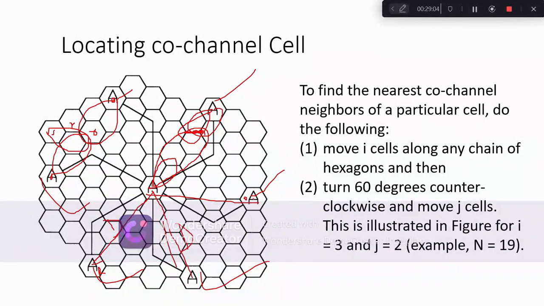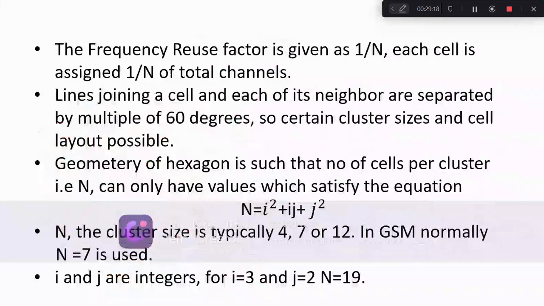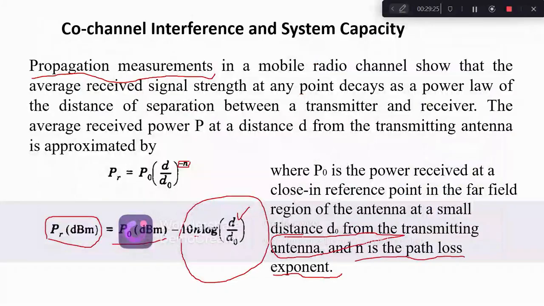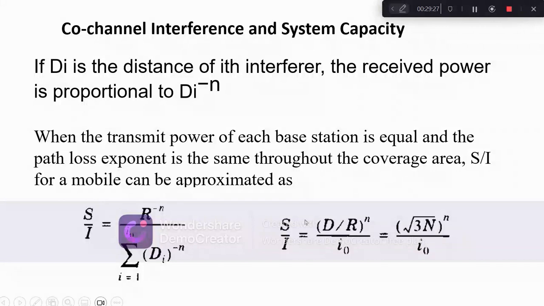So from the center to this, that distance is d naught, and obviously d is from the interferer from the other to this. So that's why we are taking the ratio of d over d naught. I'll clear it in another diagram next time. At the moment, sorry, let me finish this and we will discuss later on.